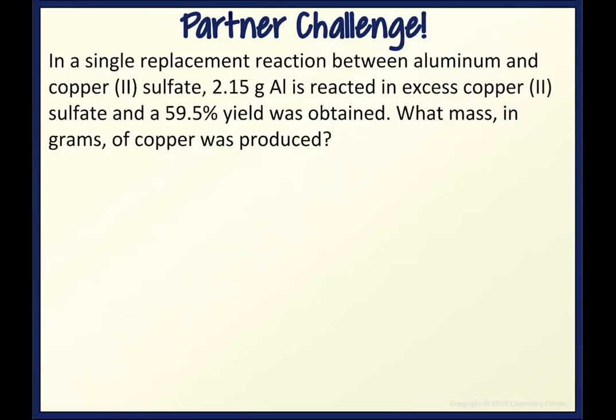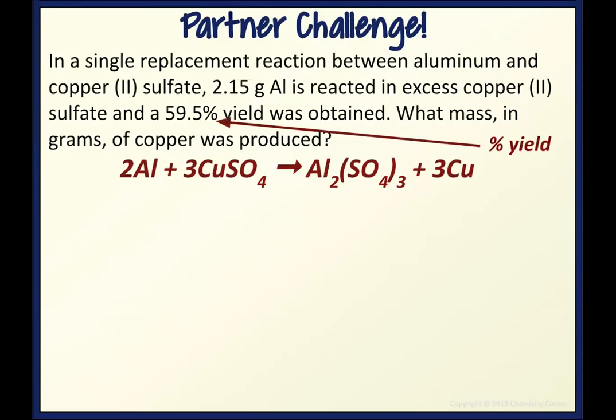Okay, so the first thing you have to do is write the equation. Aluminum and copper 2 sulfate, and it's a single replacement. Copper 2 sulfate is CuSO4. Single replacement means now aluminum is going to go with the sulfate and copper is going to be by itself.